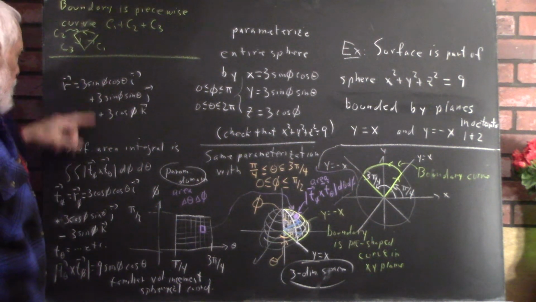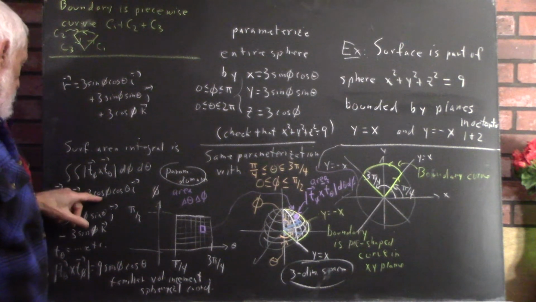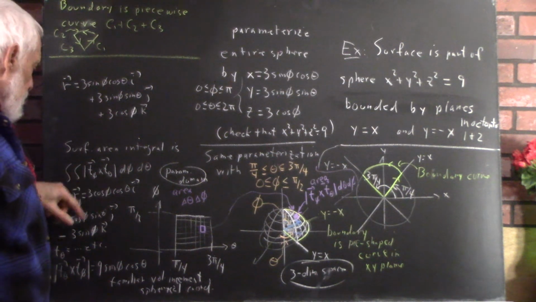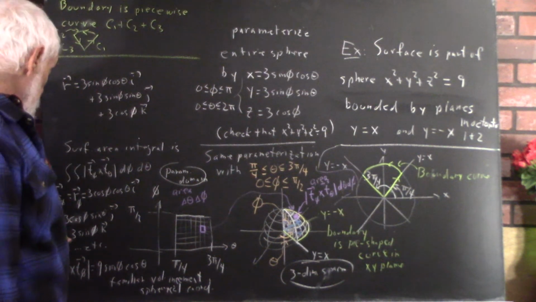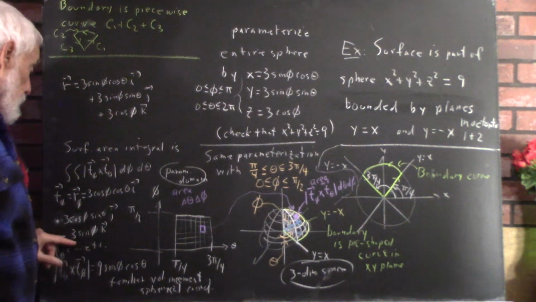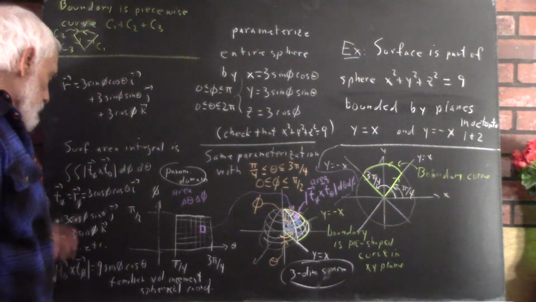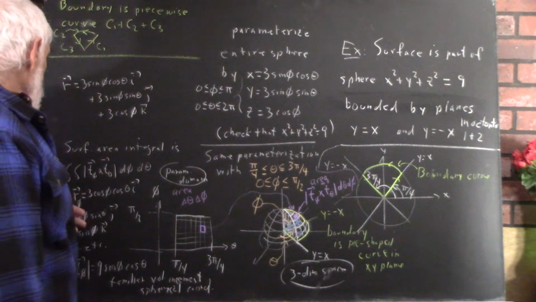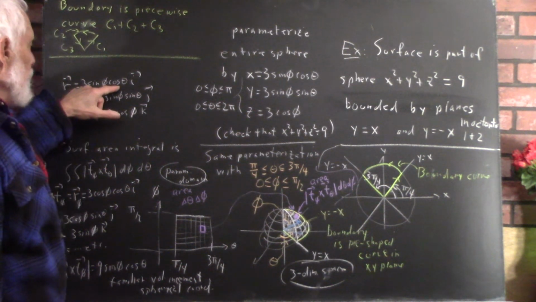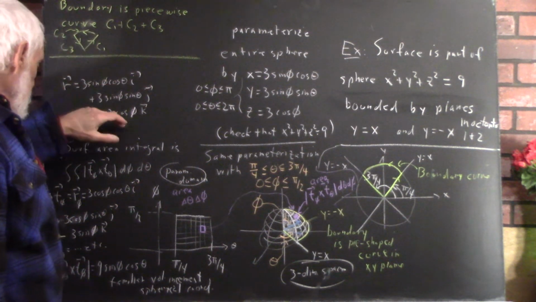Derivative with respect to phi means these sines of phi will become cosines of phi, and here they are, everything else being the same. And this cosine of phi will become negative sine of phi, so that's where you get the negative 3 sine phi times k. T theta, very similar case. The derivative is a little different. They're going to have a negative sine phi here, a plus cosine phi here, and 0 here.